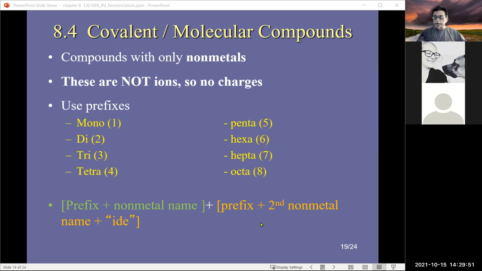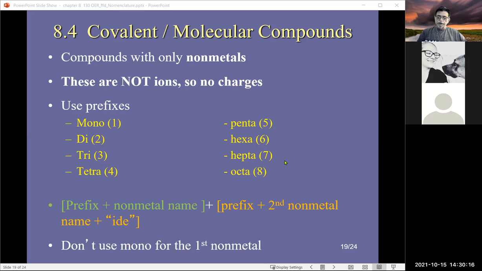Then we add the prefix for the second nonmetal, and we change its name to the IDE, just like we did with ionic compounds. For example, CO2 is carbon dioxide, because that's 2 oxygens.